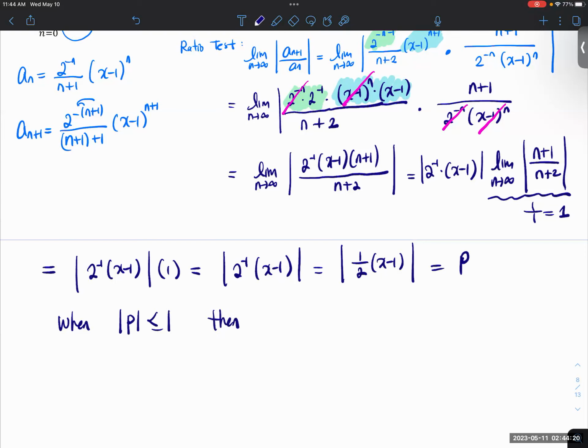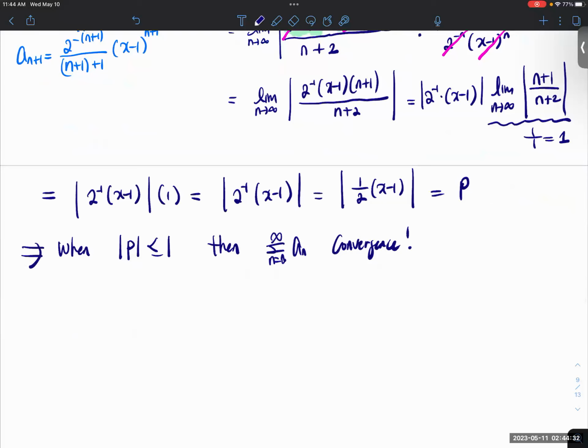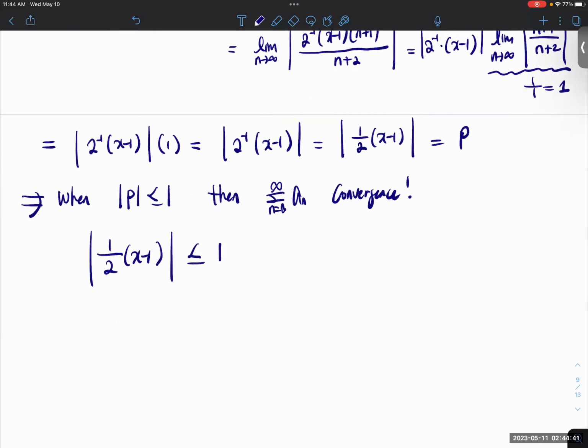This means the inequality between negative 1 and 1 for 1 over 2 times (x minus 1).